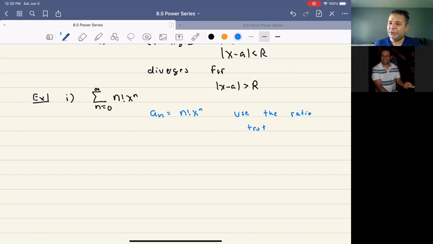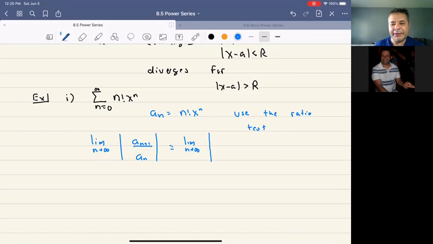Okay, so when we use the ratio test, that means we're taking the limit as n goes to infinity of the absolute value of a sub n plus 1 over a sub n. Okay, so this equals the limit as n goes to infinity.